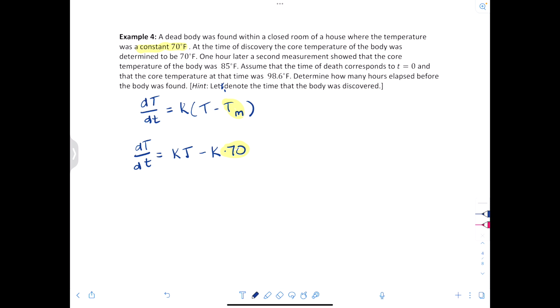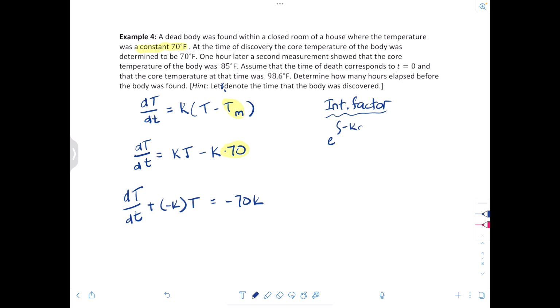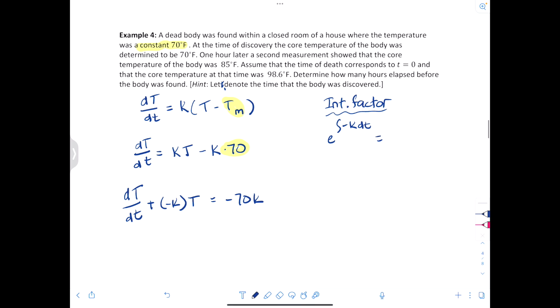So now I need to have my term with the T in it on the left. So dT/dt plus a negative k T, easier to get the integrating factor that way, will equal negative 70k. So our integrating factor, really similar to the other problem, it just gets a little weird at the end, is going to be e raised to the integral of negative k dt, which is e to the negative kt.